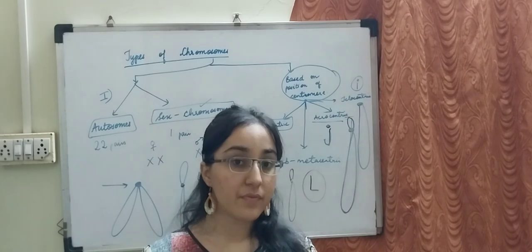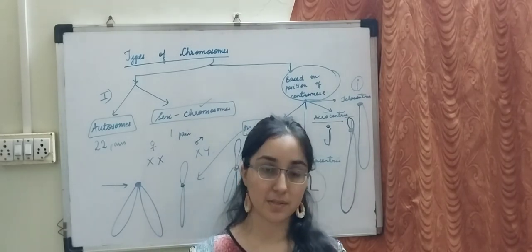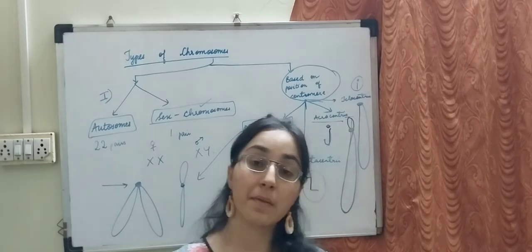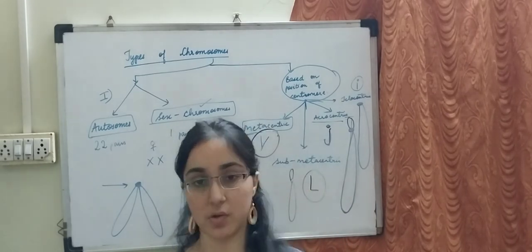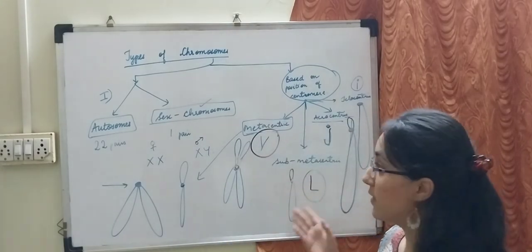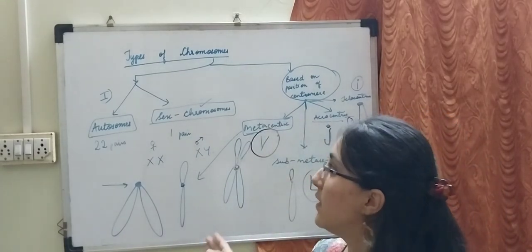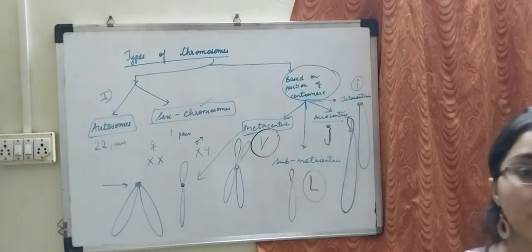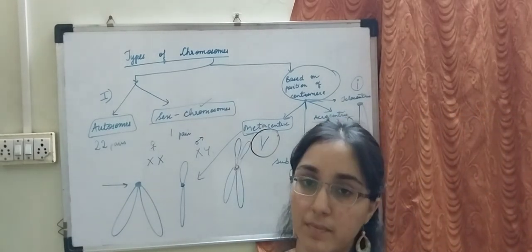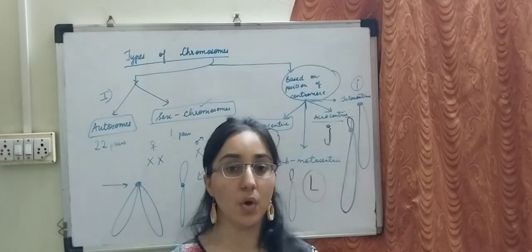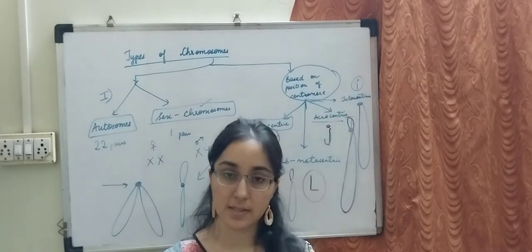Fourth, we spoke about the types: what a sister chromatid is, what a non-sister chromatid is, what a homologous chromosome and a non-homologous chromosome are, what crossing over is. And lastly we discussed the types of chromosome: autosome, sex chromosome, and, based on where the centromere is located, the positional types. So this was for today.